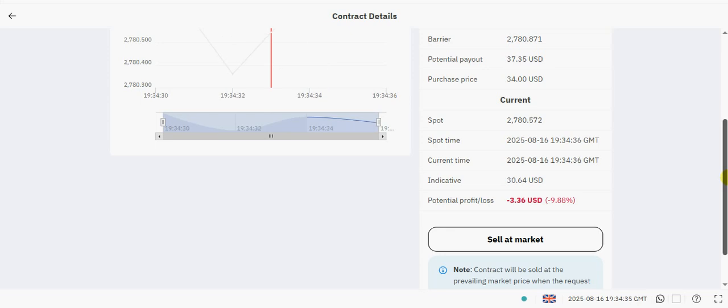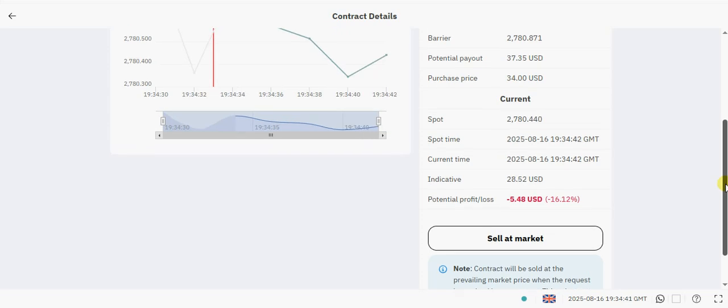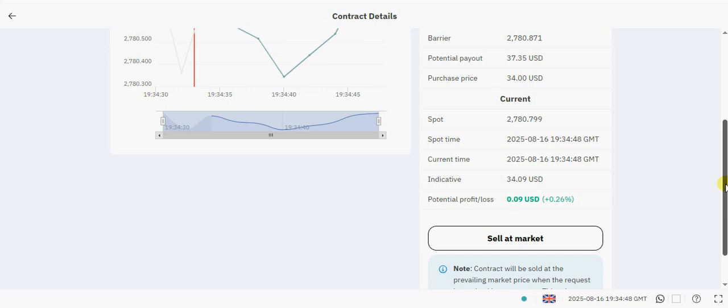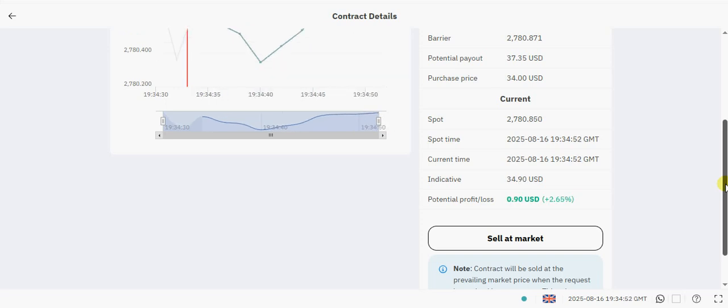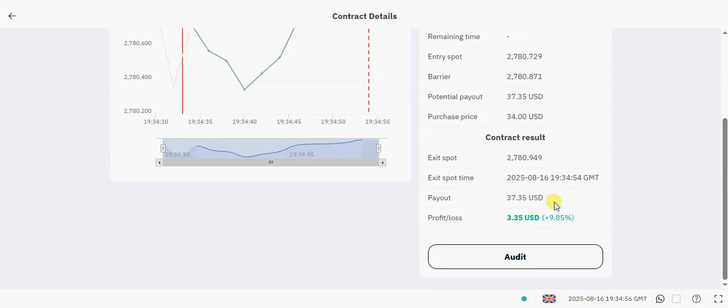I had to wait for a while to place that trade. You can sell at market, but we're going to win regardless, so you don't have to sell. You can see we won that trade right there.